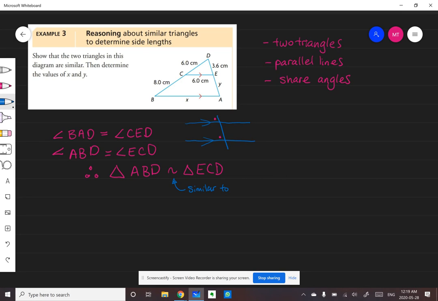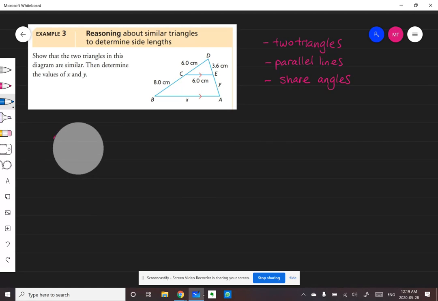Now, another method in which I could talk about similarities is I could look at proportions. So I could look at BD, that one there. And I could compare it to the smaller left side of that triangle, CD.